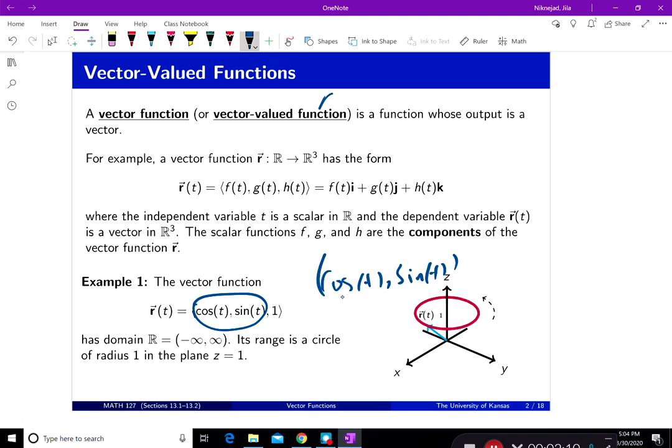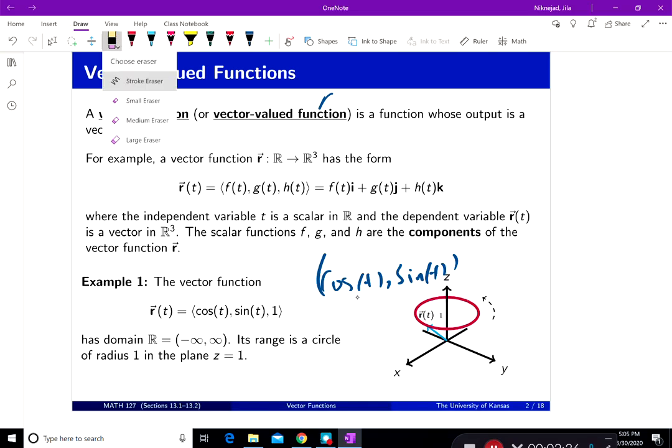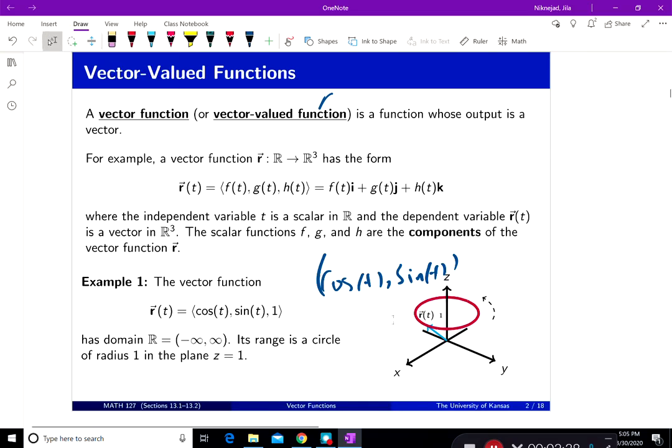Now, here is not that though, it has another component in it, and that's the 1 for z. But 1 for z means that z is equal to 1 for all of these values. That means that whatever you're doing, the parameterization sits in z equal to 1. So you get the circle up there, and it's going to sit in z equal to 1.